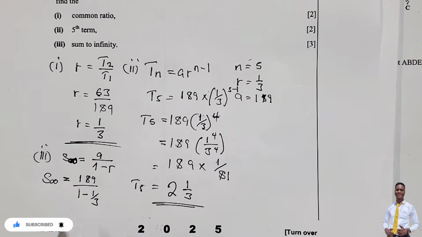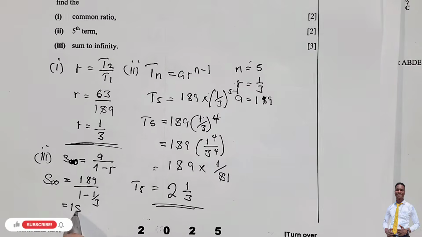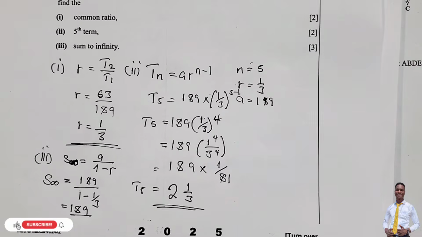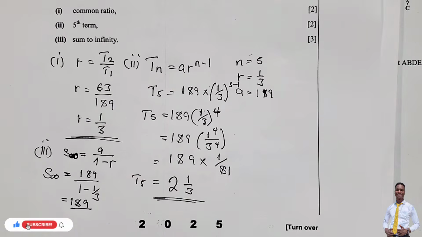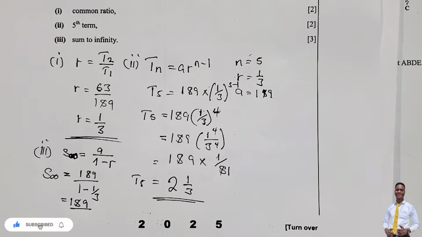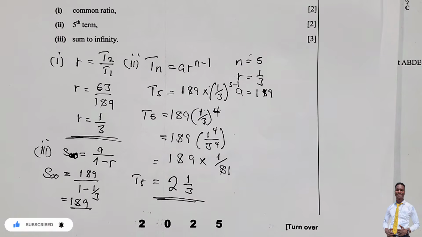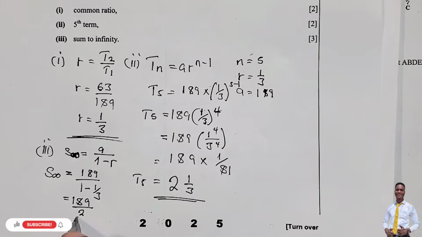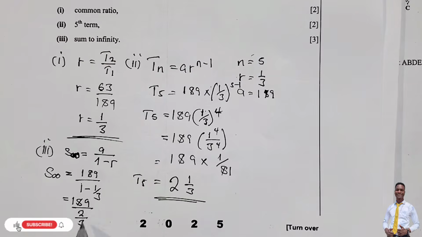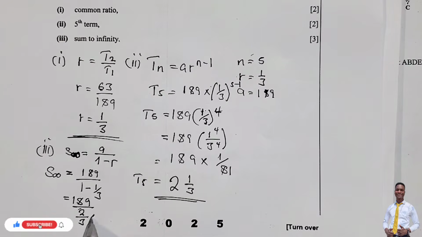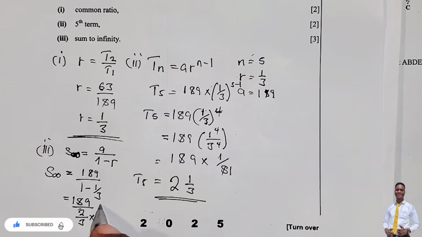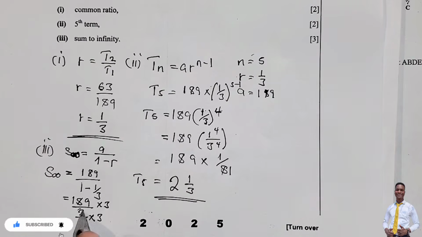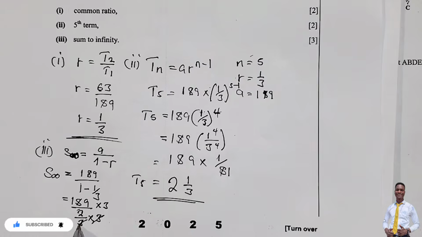So here we're going to have 189 over, what is 1 minus 1 over 3? This is 2 over 3. You see, this is a fraction here. So what you do, you multiply the denominator and the numerator by the denominator of this fraction, which is 3. So this 3 and this 3 cancel.